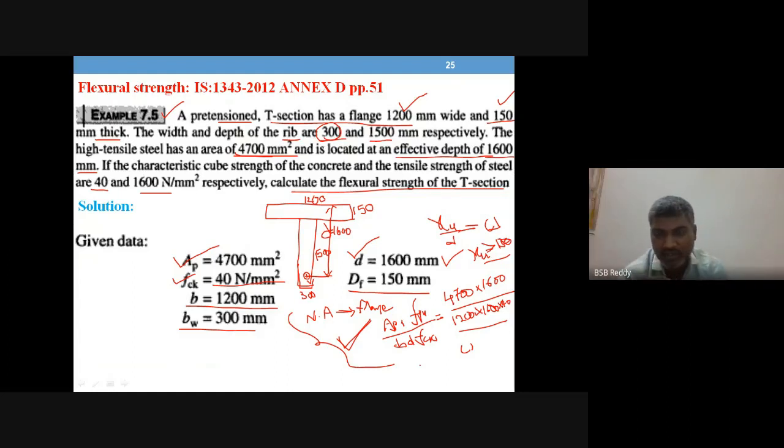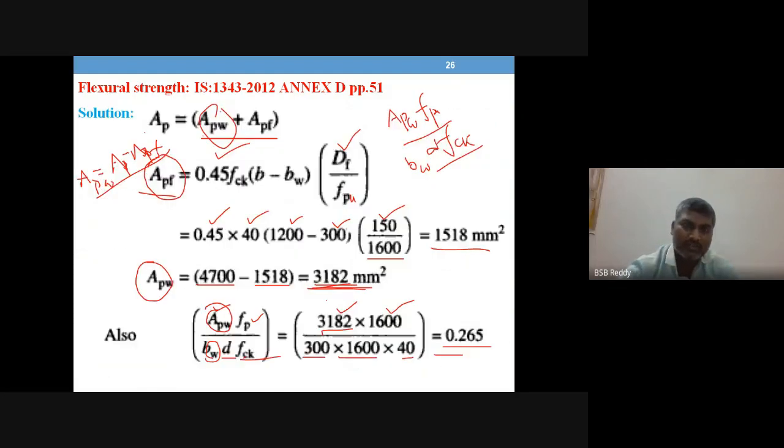As you know very well from RCC, you have to start from the assumption that the neutral axis is falling in the flange. Then you will know that your assumption is not correct. Then you go to the other case by calculating APW value, area of prestressing steel for web.